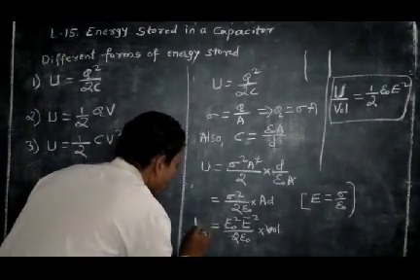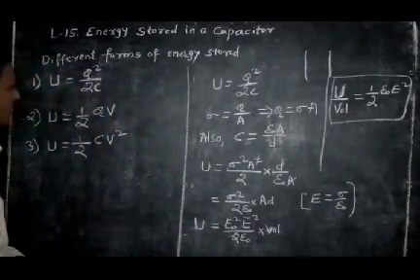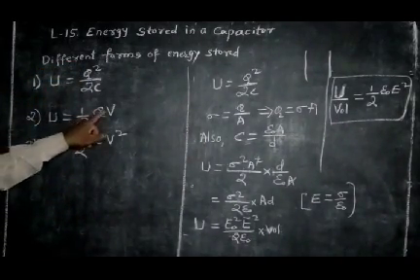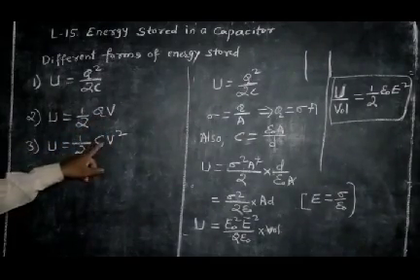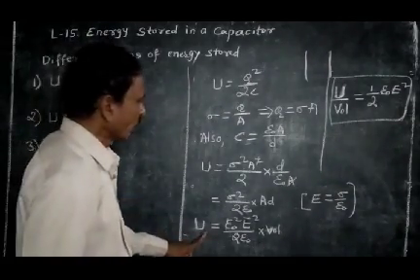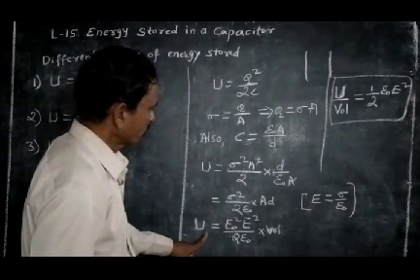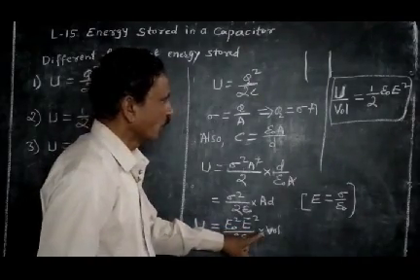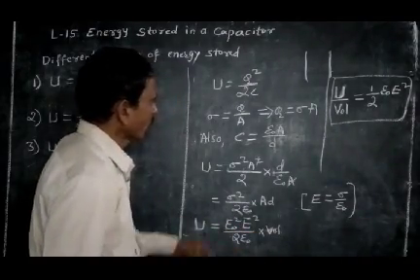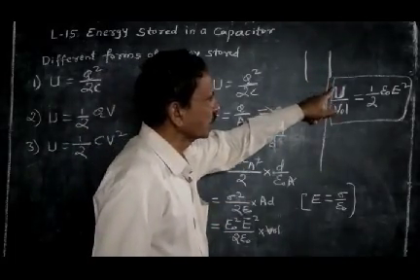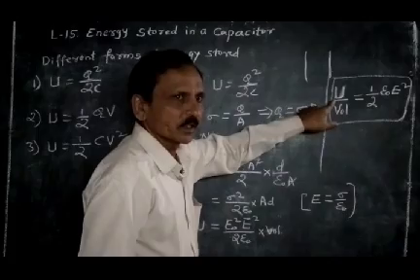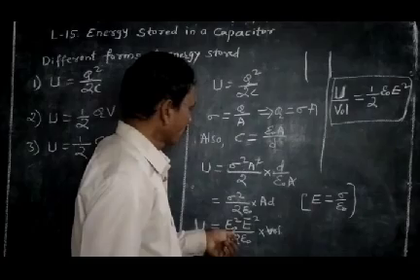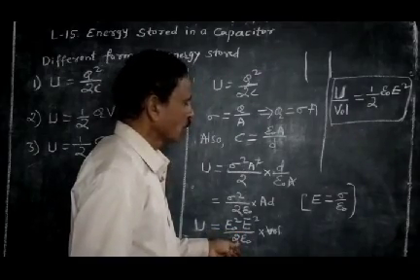And potential energy of a capacitor can be calculated by using U equal to Q square by 2C, or U equal to half Q into V, or U equal to half CV square, or U equal to half epsilon naught E square into volume, or U upon volume, that is energy per unit volume or energy density, is equal to 1 by 2 epsilon naught into E square.